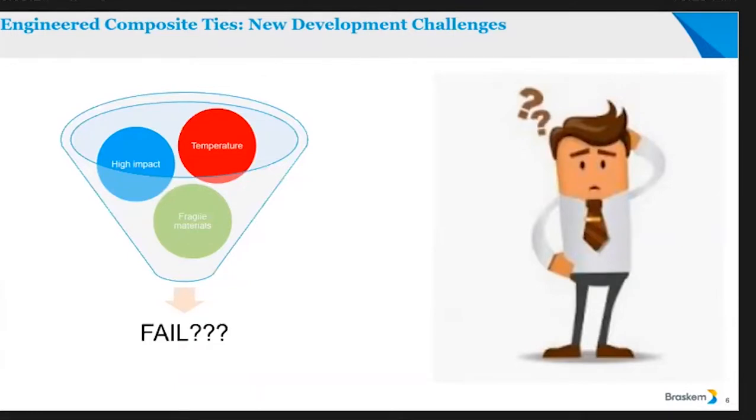Especially when you talk about composite ties, we don't have a huge number of parameters to analyze, as Mr. Stefan said. And we have different kinds of design, different kinds of length.